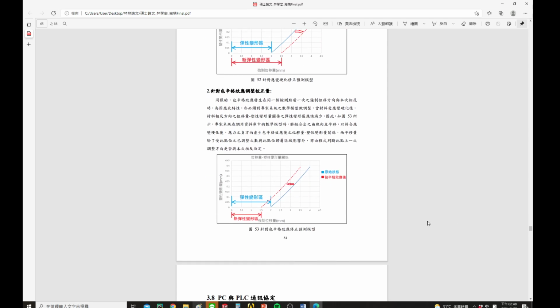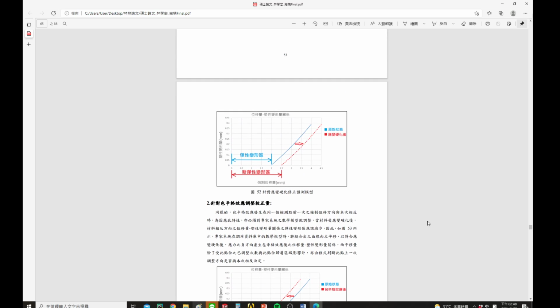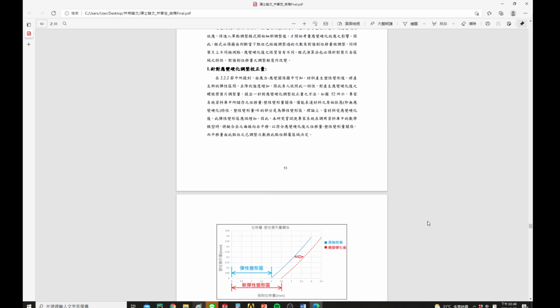If the string hardening occurs, that means the elastic region will increase, so the curve must be shifted like this.